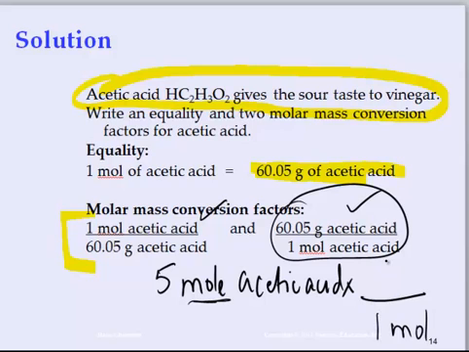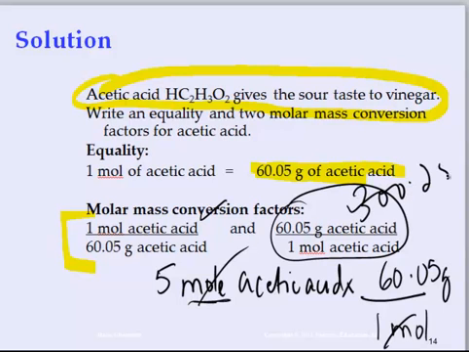So you would have 1 mole here, 60.05 grams over here. And if you multiply 60.05 times 5, you should get 325 grams of acetic acid. So you can see how we use this conversion factor to determine how many grams of acetic acid is present in 5 moles.